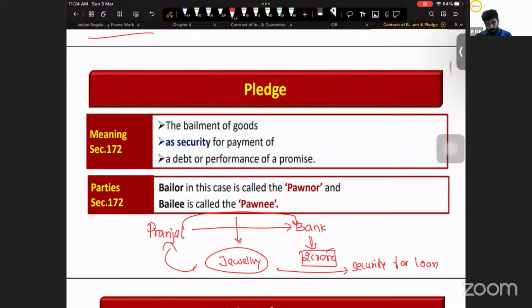to the owner. Same way here also, but here the goods are delivered for a specific purpose, not for a general purpose. The goods are delivered for one specific purpose, and that specific purpose is as security.